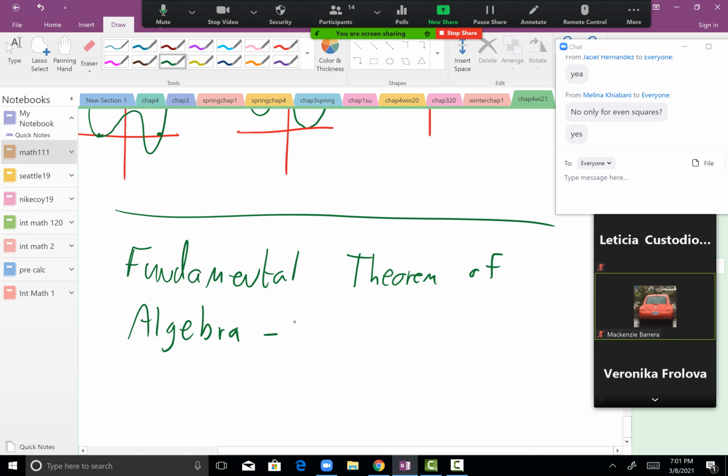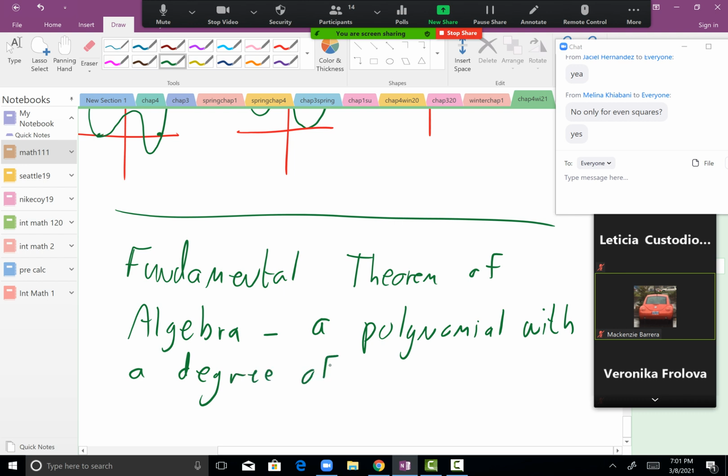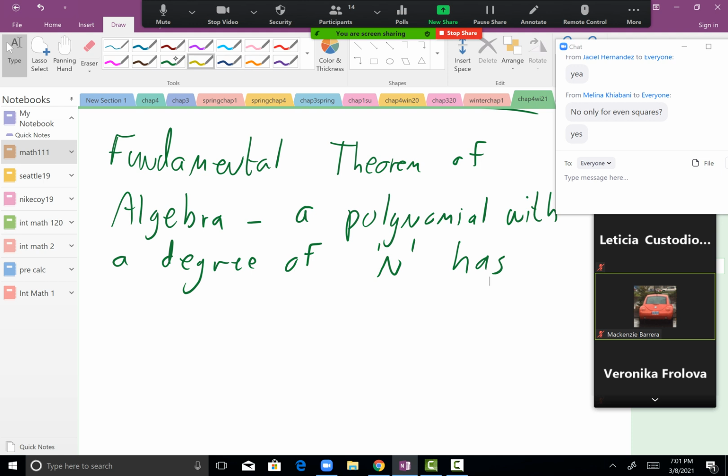And it basically says that a polynomial with a degree of n has n solutions or roots.